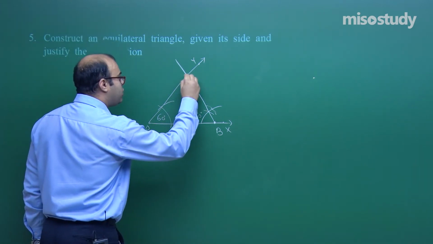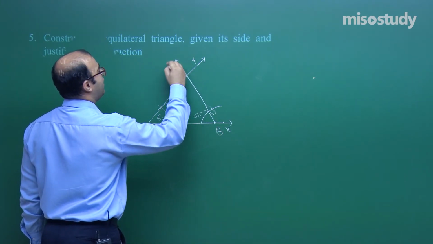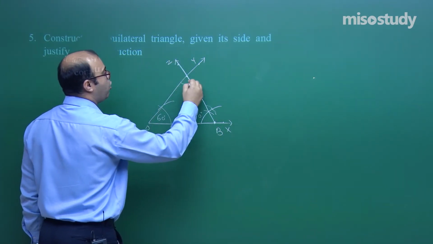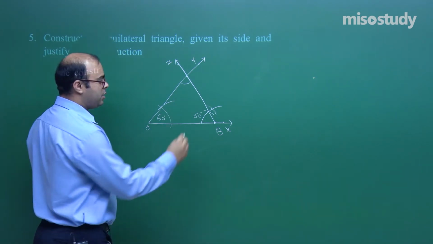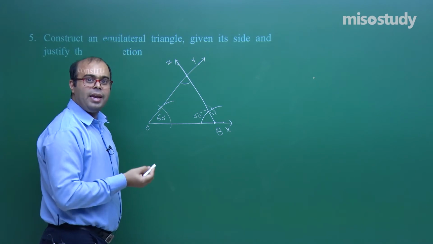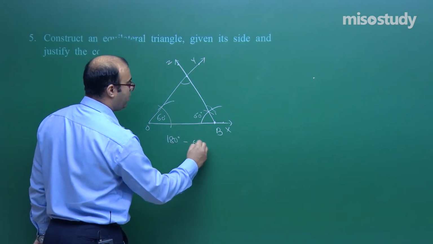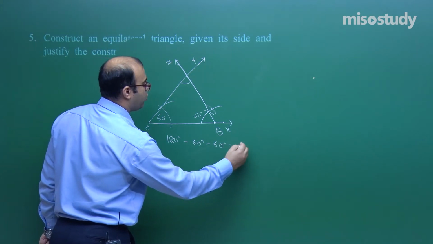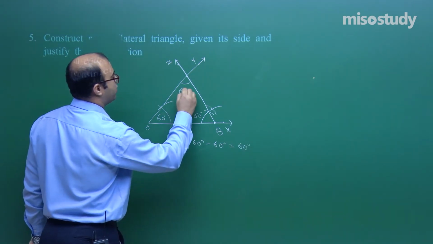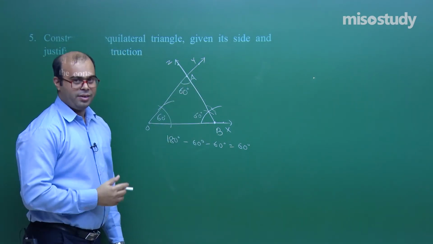Now the angle coming from the intersection of this ray BZ and OY is also 60 by the angle sum property, 60 plus 60, and this has to be 60 because the total angle has to be 180 degrees. So 180 minus 120 is equal to 60 degrees. Let us call it A. So triangle OAB is an equilateral triangle, students.